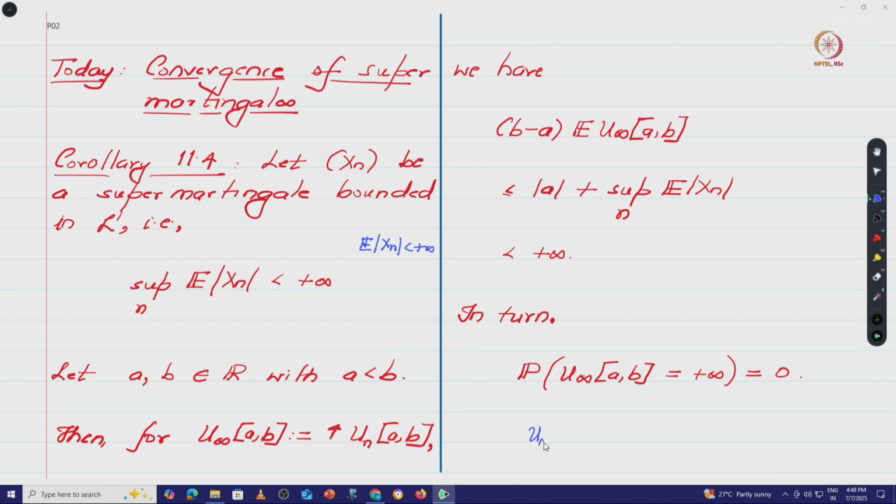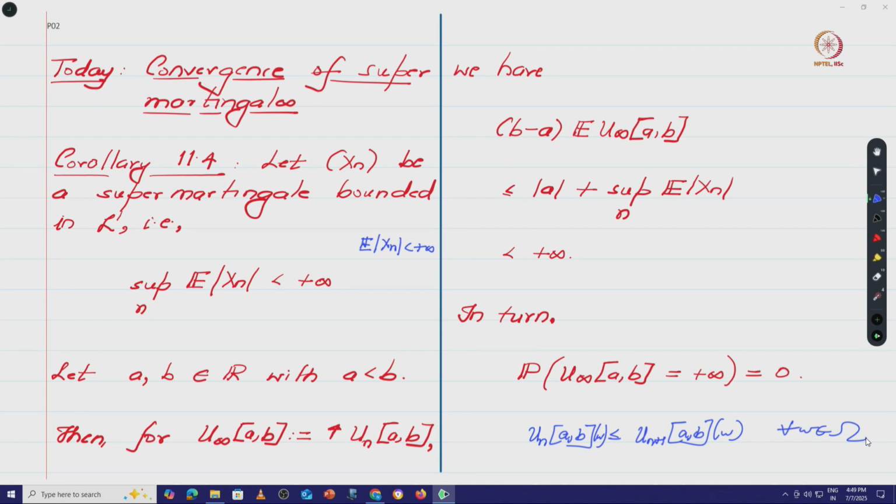Well, U_n[a,b] in some sense looks at the number of upcrossings in the time window 0 to n, and it is easy to see that U_n[a,b] will be less than or equal to U_{n+1}[a,b]. In particular, for any omega in capital Omega, U_n[a,b](omega) is some integer and U_{n+1}[a,b](omega) is another integer.